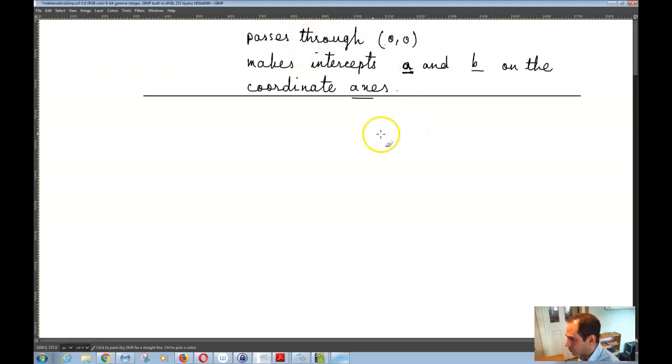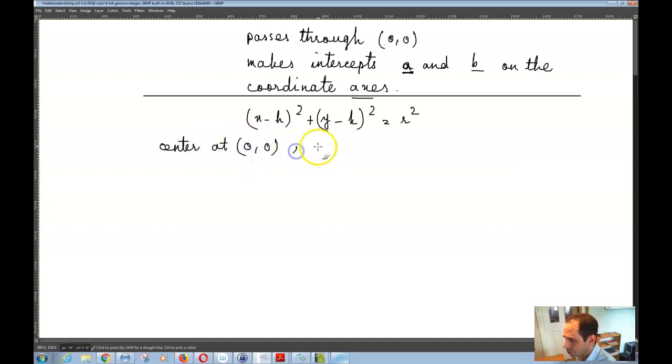For example, if the circle is generally x minus h whole squared plus y minus k whole squared is equal to r squared, and the center is at 0, 0 at the origin, then it becomes x squared plus y squared is equal to r squared.